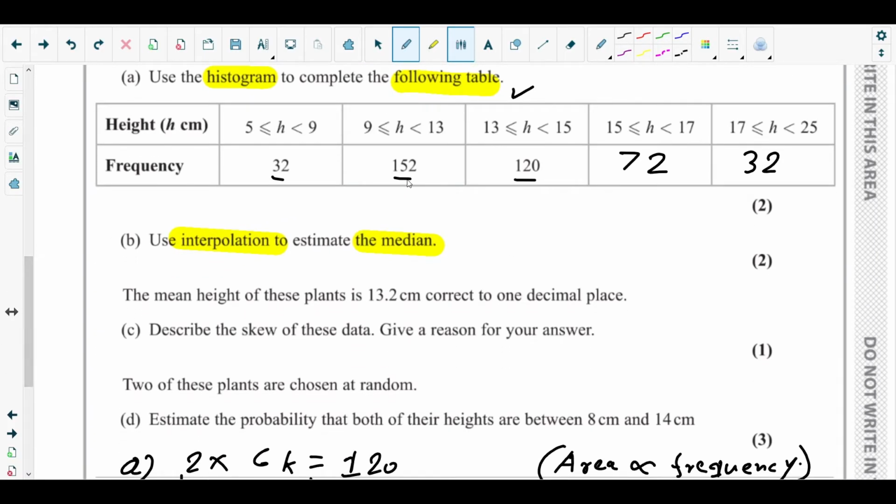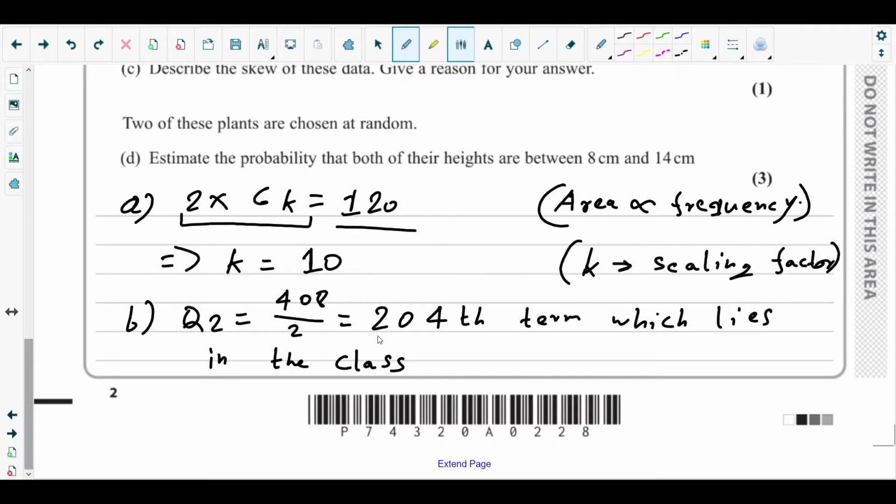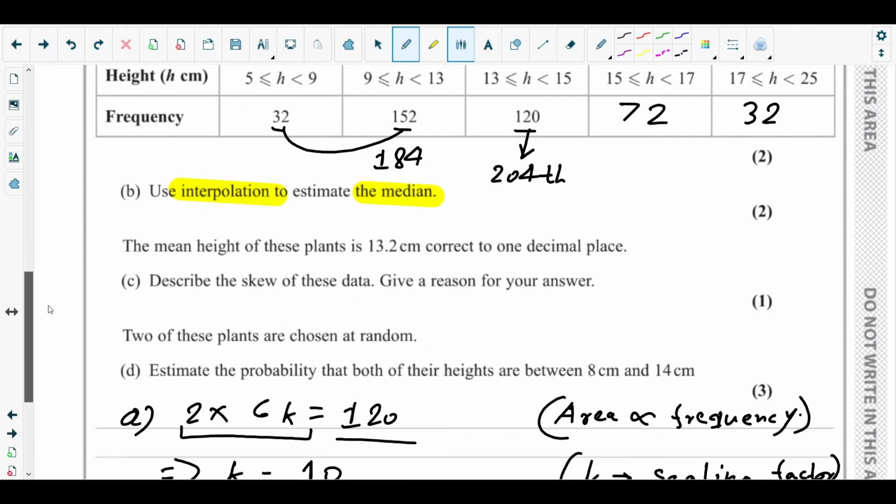So the sum of these two is 184, which means the 204th term lies here. So the median class is what? 13 less than or equal to h less than 15. Done. We got the median class.